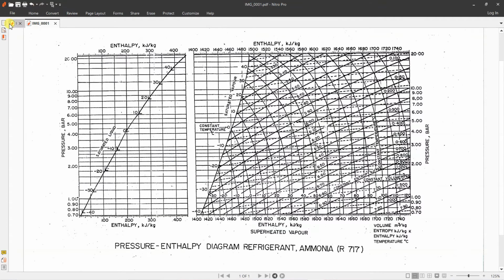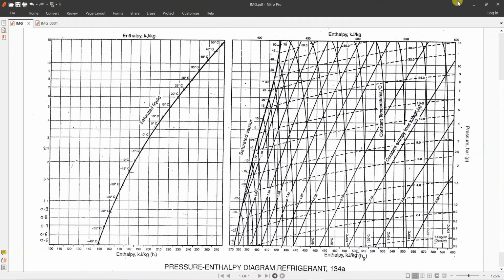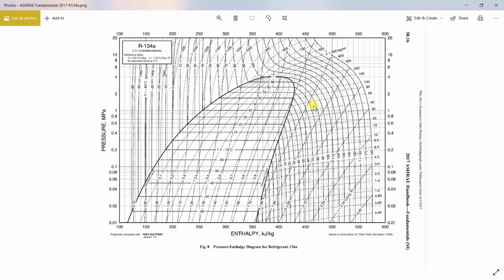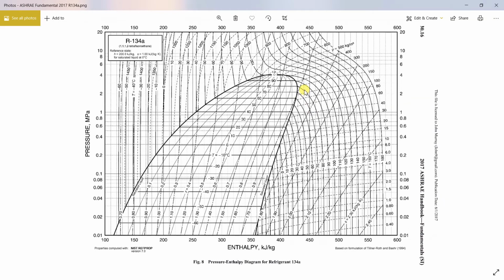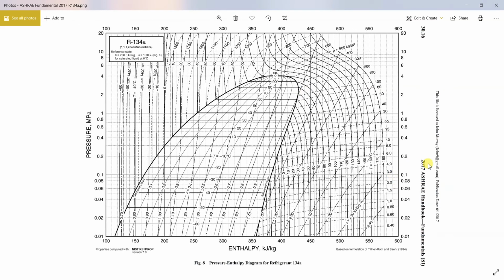So if this chart is there, the ASHRAE chart which we have seen, this is taken from the ASHRAE Fundamental Handbook. Here you can see 2017 ASHRAE Fundamental Handbook, SI units. If you use this chart your work will be easy, but we are not going to use this chart. Why is that? Because here the scale varies significantly.